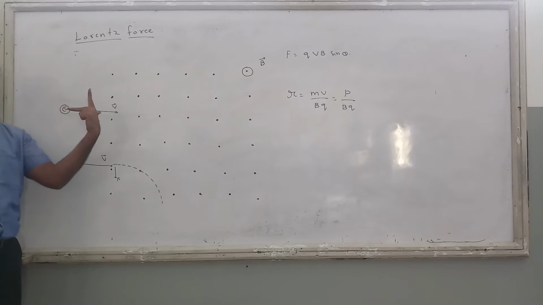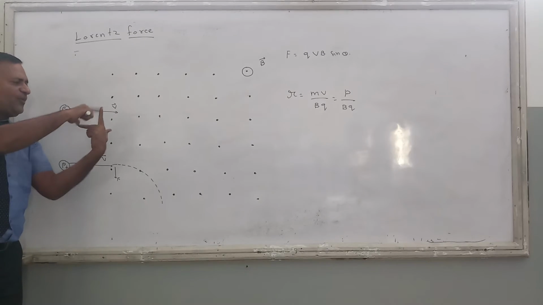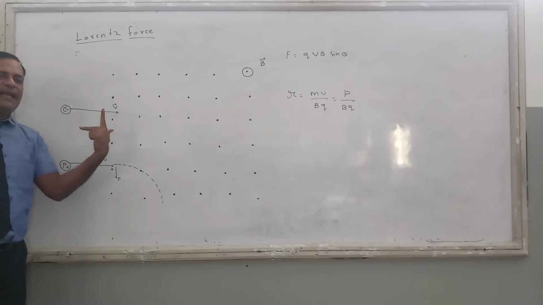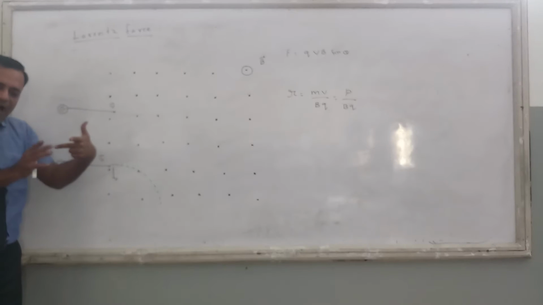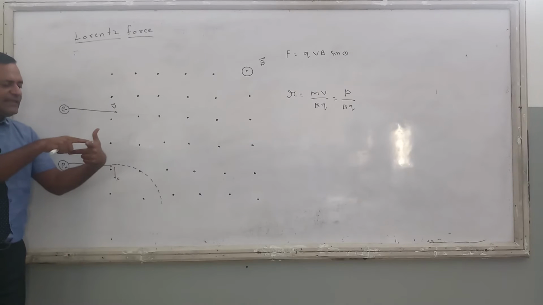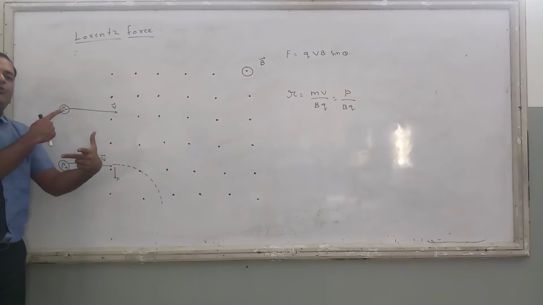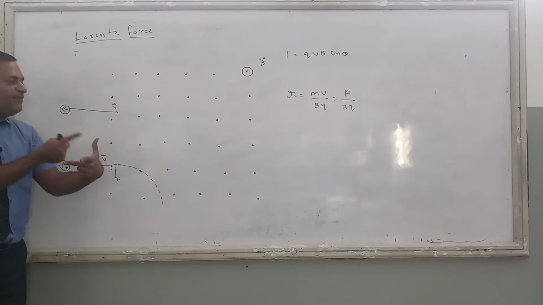The second finger should be in direction of current, and the first finger should be in direction of magnetic field, which is outwards. This thumb is going to show the direction of force, which is upwards.